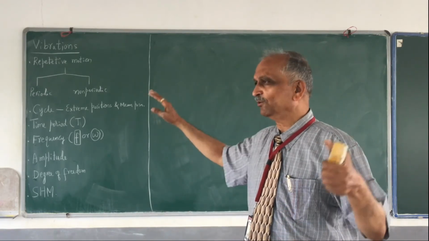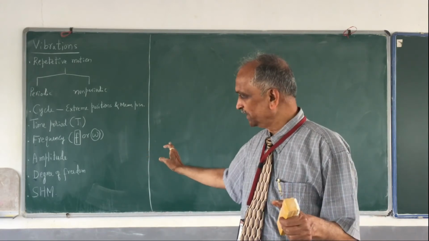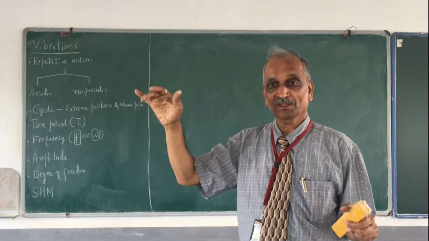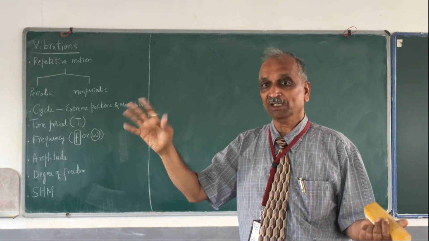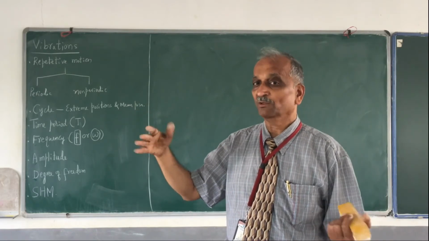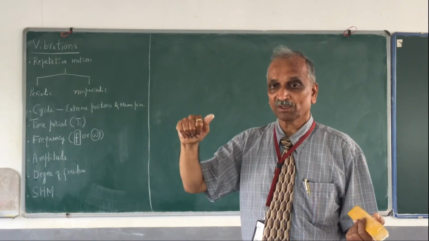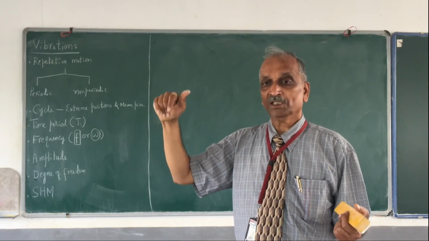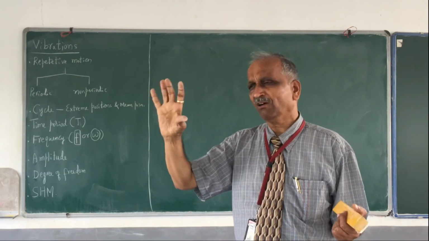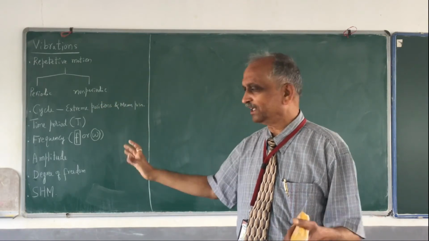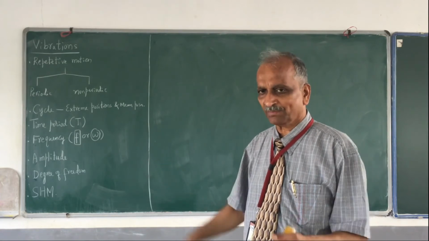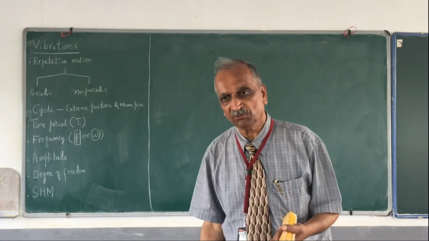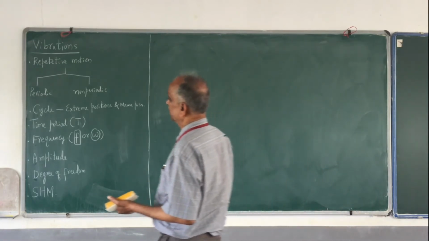Why I would spend so much time is that each word is important there. Minimum number of: why minimum? If it is not minimum, then how does it affect? Minimum number of independent coordinates: what do you mean by independent? All those terms are very, very important. That's why I used to highlight them and give examples. I hope you will be able to appreciate the importance of each and every term there, and the meaning of degree of freedom.